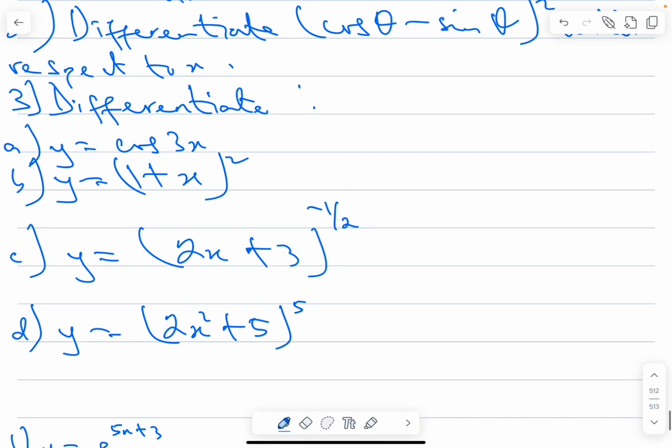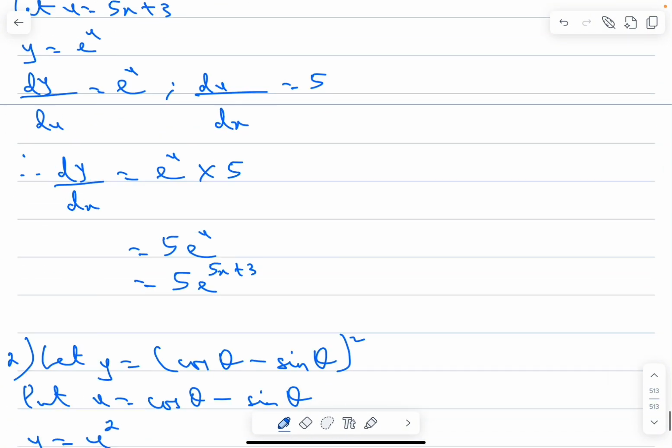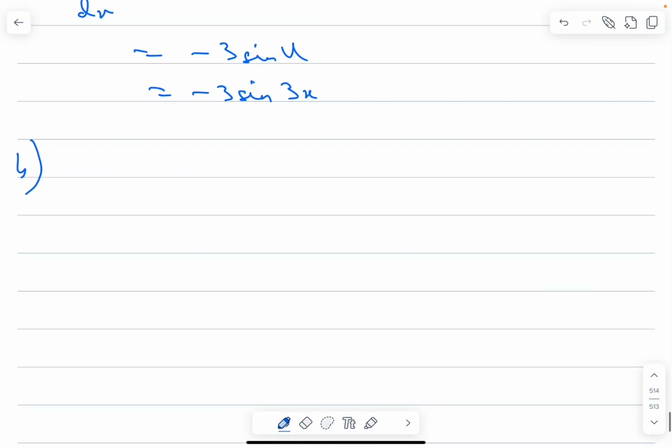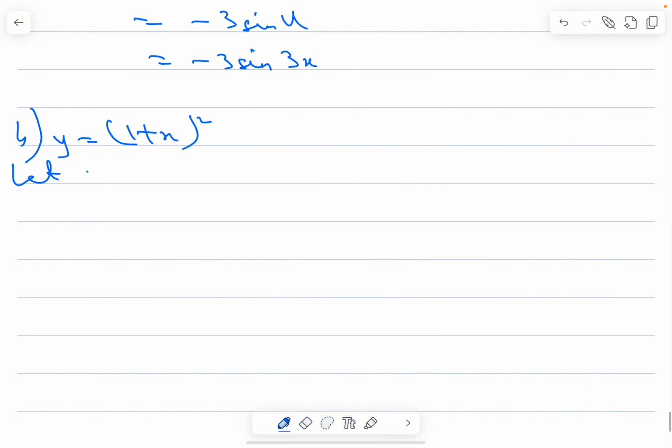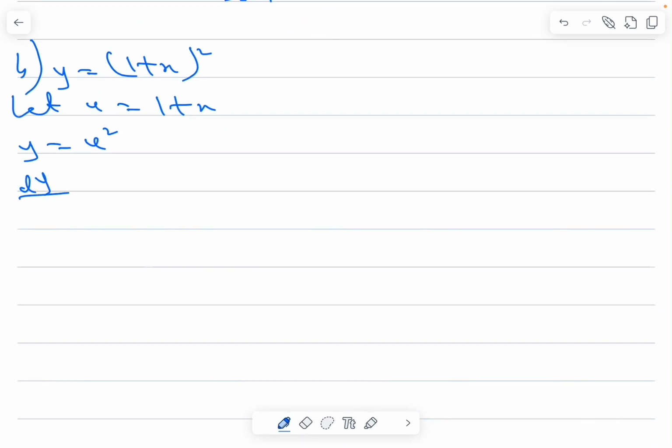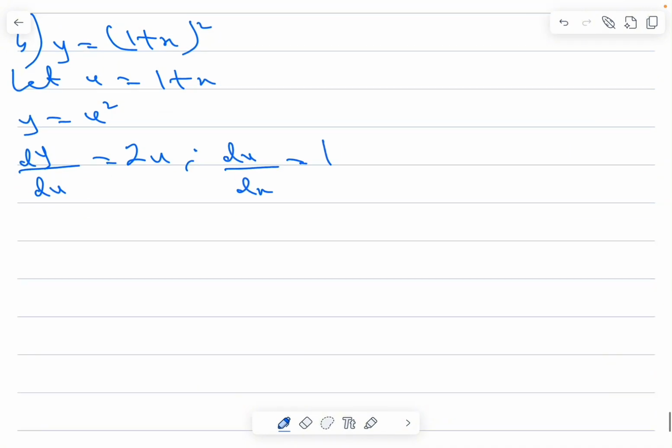Now we do the next one, b. Differentiate y equals the square of 1 plus x. If y equals the square of 1 plus x, what is dy/dx? Let u be equal to 1 plus x. That means y equals u square. dy/du will be equal to 2u, and du/dx is equal to 1.